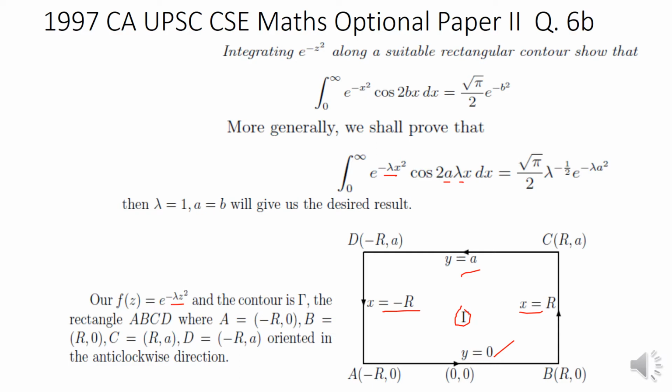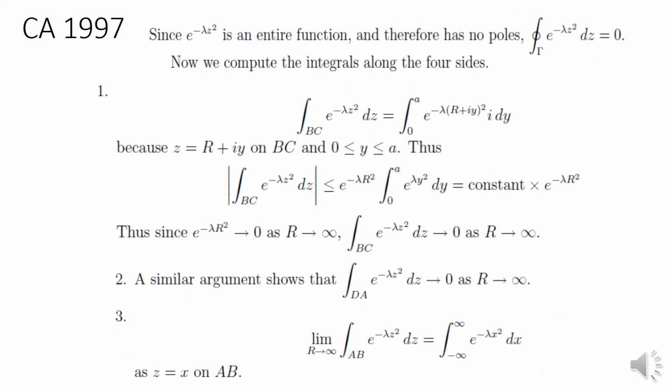f(z) is equal to e to the power minus lambda z square. We are taking minus lambda x square, so f(z) is in terms of z square and the contour is tau, the rectangle I have already explained, and it is anticlockwise. Since e to the power minus lambda z square is an entire function, it is analytic or holomorphic over the whole complex plane, meaning there is no singularity, no pole.